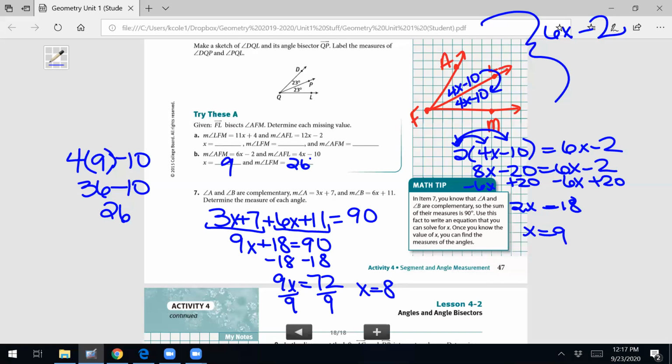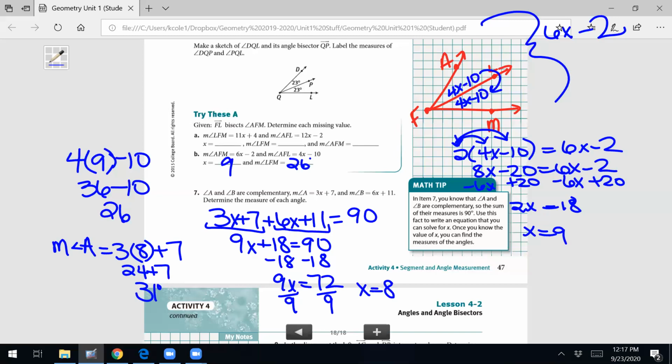So how do we figure out what one of the measures is? Plug it in. The measure of A is going to be 3, and instead of x, I'm going to plug in 8, plus 7. What's 3 times 8? What's 24 plus 7? So 31 degrees is A.